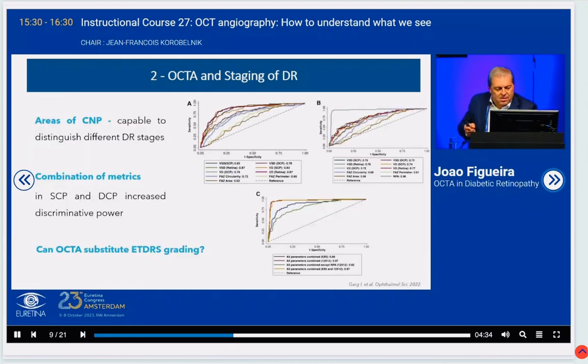And curiously, another paper from another group using wide field imaging showed that OCTA metrics can be used for staging diabetic retinopathy. The isolated metric that was most robust to distinguish the different phases of the disease was capillary non-perfusion areas. And the combination of the metrics, especially from the superficial and deep capillary plexus, can even increase the discrimination power for staging diabetic retinopathy.